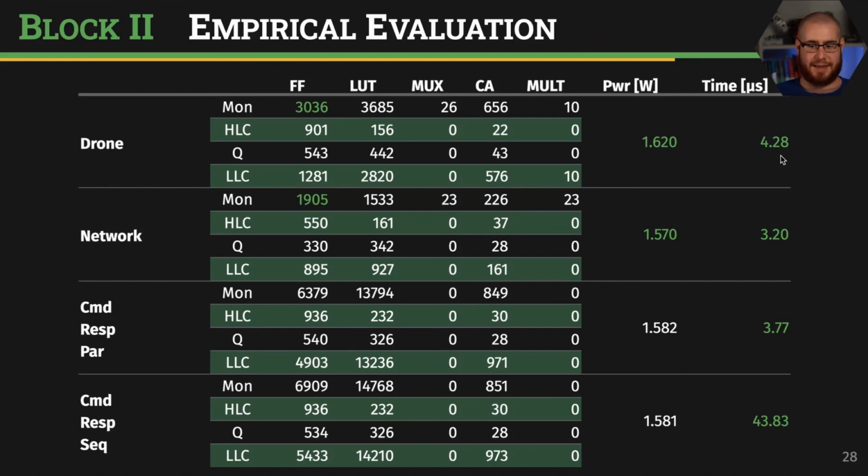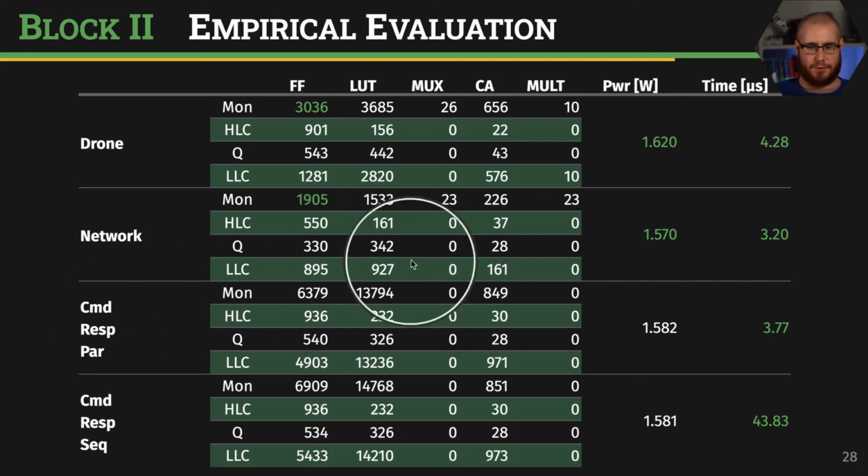However, we wanted to see what kind of an impact the parallelization had. So we came up with a command response property. And the idea here is that we have some common principle, some common data, and we want to check several properties that are independent of each other, but depend on this common piece of data. And while this seems like a synthetic example, we will see in the integration part that something like this is actually highly relevant in practice.